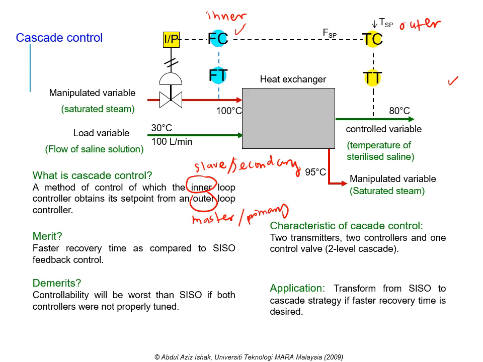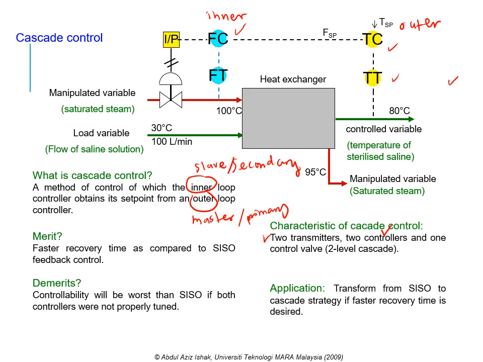So it only has one transmitter and one controller, whereas the cascade controller has another set of temperature transmitter and another set of controller. So it gives additional measurement to the system.